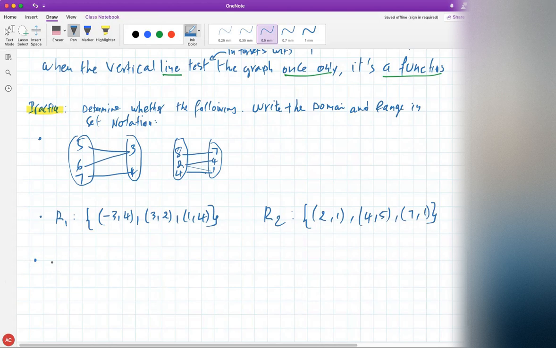And another question: are these functions? This is 1, this is 2.